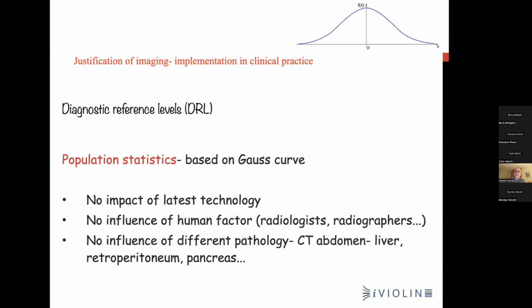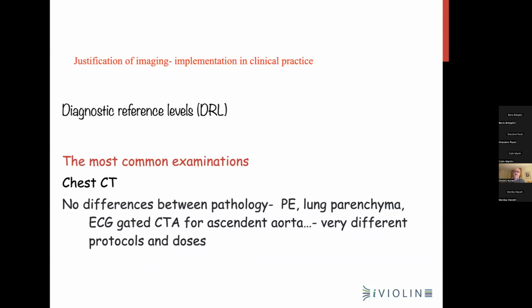The problem is there is no impact of the technology we are using, no influence of human factor, and no influence of different pathology. If you are doing CT abdomen, the liver can be scanned differently than retroperitoneal changes, than the pancreas, and such a thing is not comprised in the diagnostic reference level.